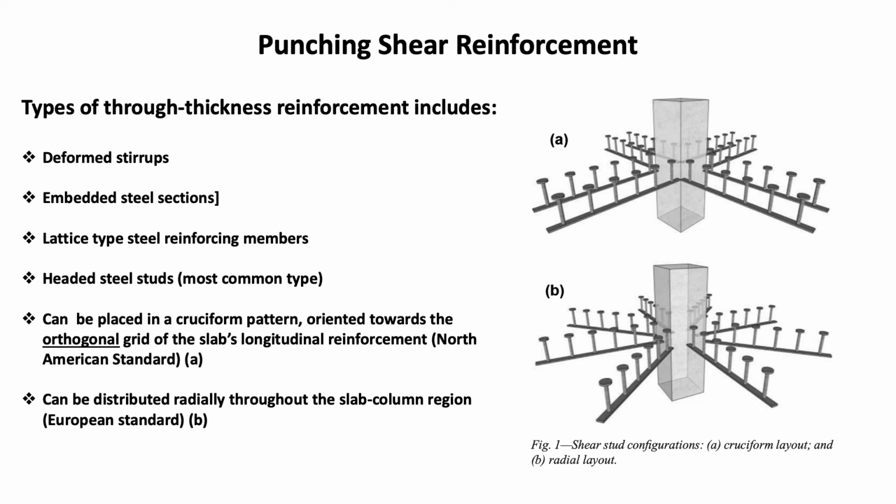Headed steel studs can be placed in a cruciform pattern oriented towards the orthogonal grid of the slab's longitudinal reinforcement, which is the North American standard, or they can be distributed radially throughout the slab-column region, and that is the European standard.